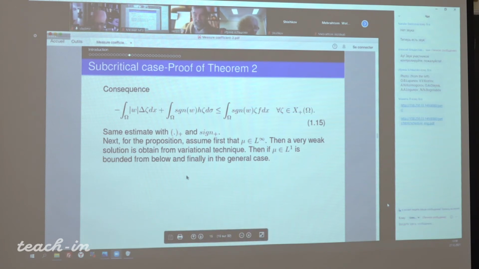Okay. So this is a key estimate in order to reach a priori estimates for the problem.